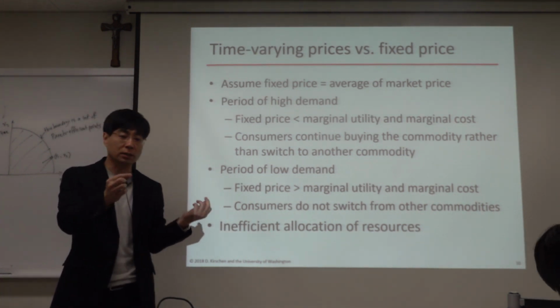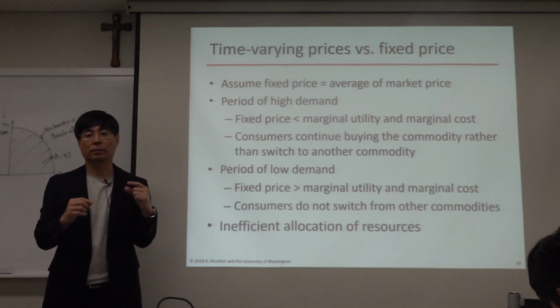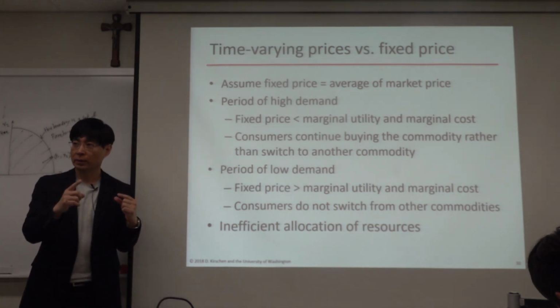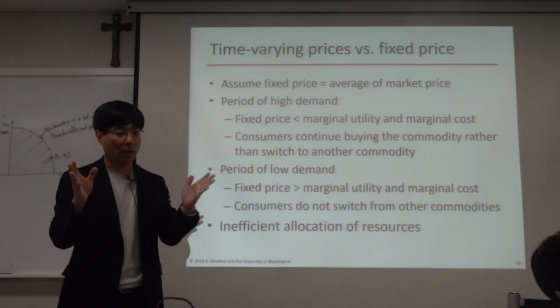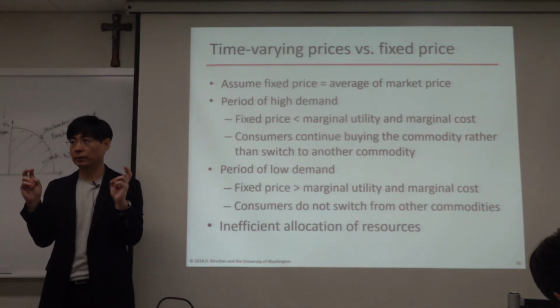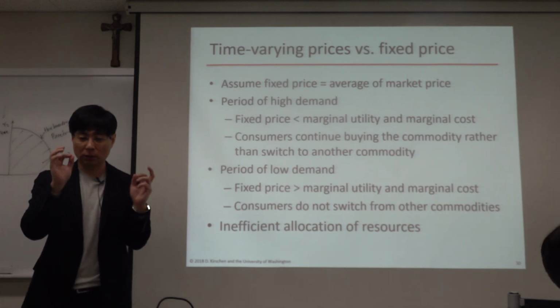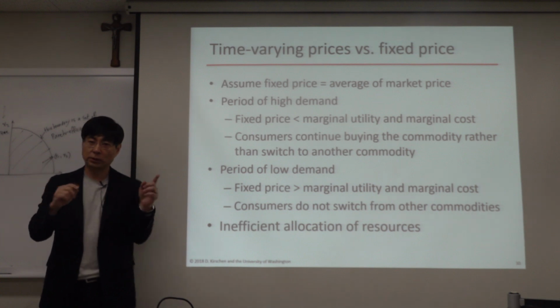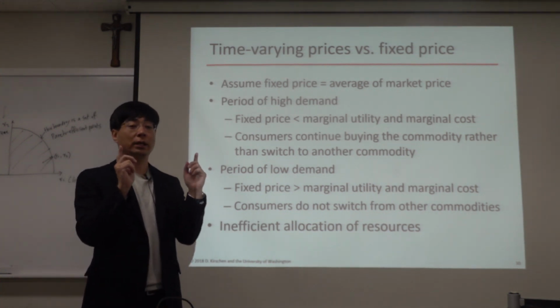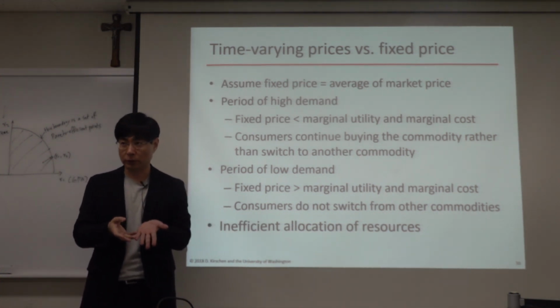And marginal cost is the increased cost by producing one more unit. So when you see the terminology marginal, the concept is related to the derivative of something. So marginal cost is the derivative of the original cost function, and marginal utility is the derivative of the utility function.